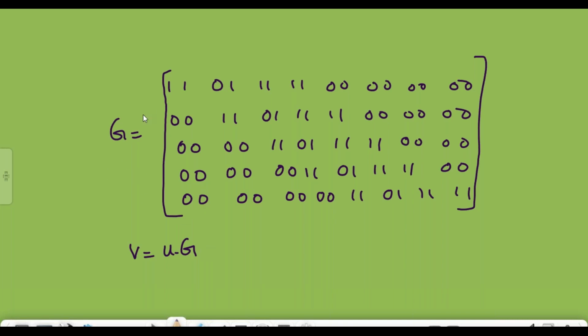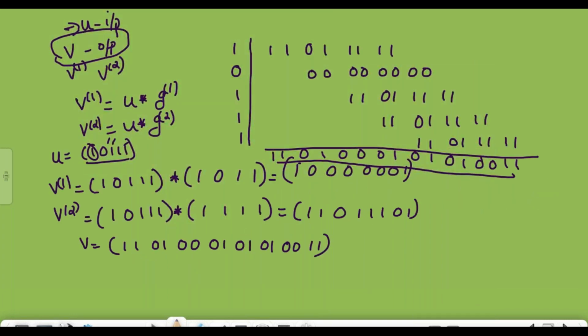That is the significance of this generator matrix, that we can see this convolutional code as a linear code. Therefore we have seen how we can write the generator matrix of the convolutional code, and once we have written it, we are able to find the output by multiplying the input sequence with the generator matrix. Okay, that's about the generator matrix of the convolutional code.